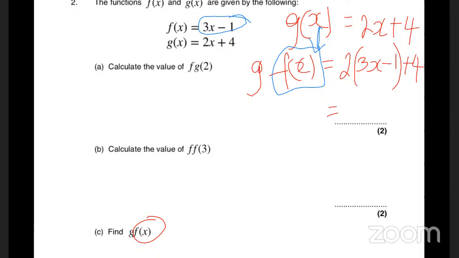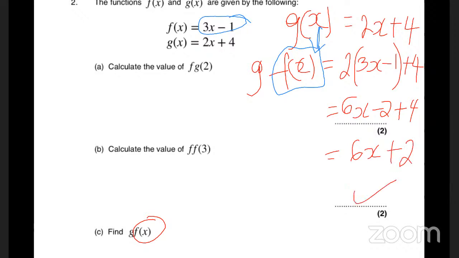Now we have substituted the value of f(x) where x is. We're going to expand our brackets and simplify. 2 times 3x is 6x. 2 times 1 is 2, and plus 4. 6x - 2 + 4 is 6x + 2.